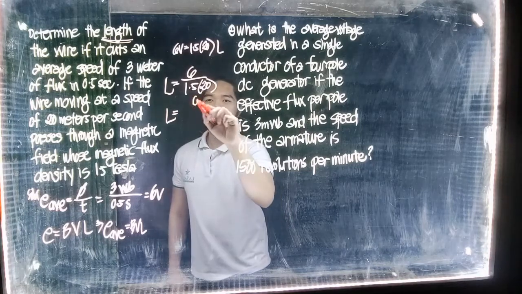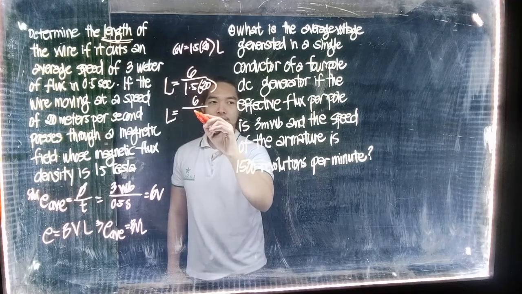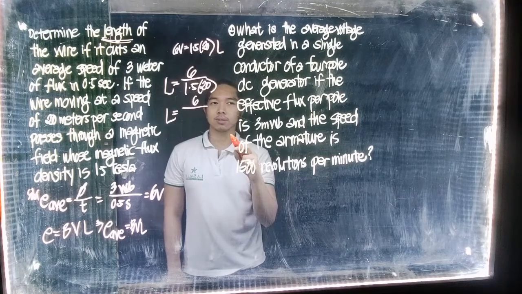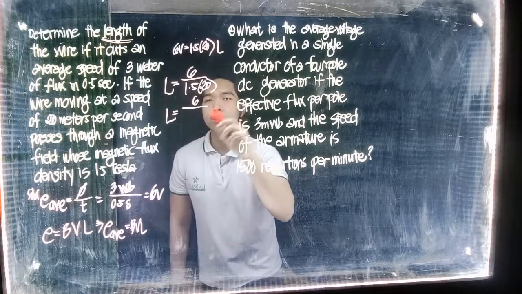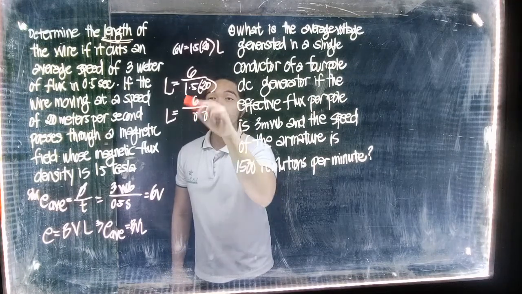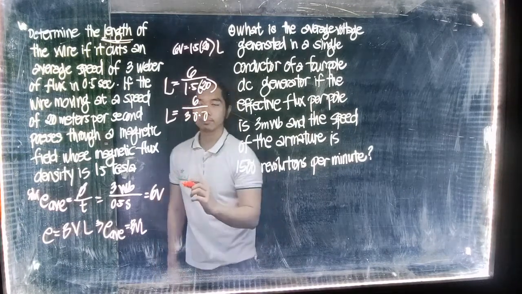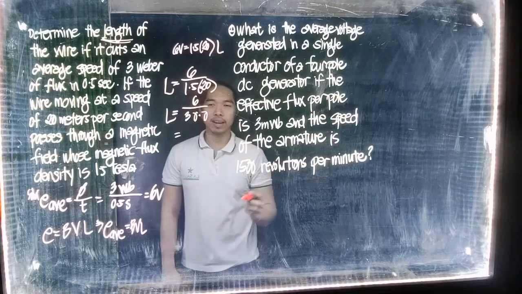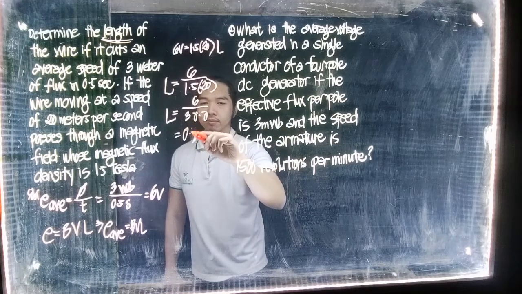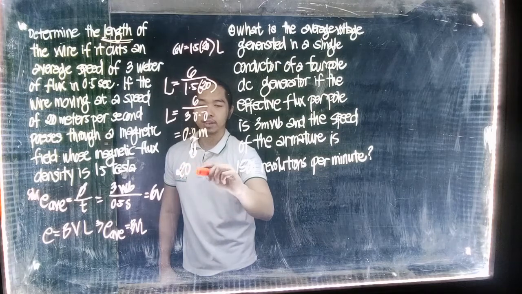So the length required would be equal to 6 over 1.5 times 20. 6 divided by 30 is 0.2 meter, or that can also be written as 20 centimeters.